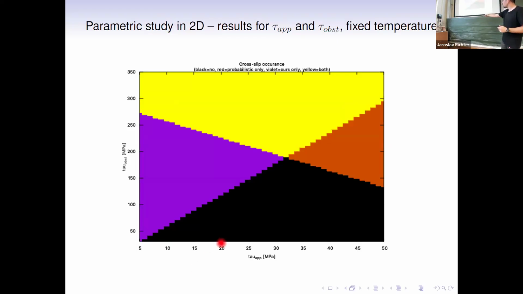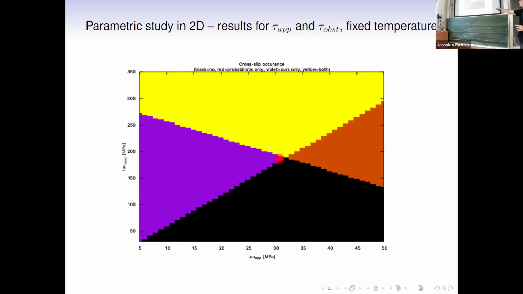So here on the x-axis, there is the applied stress from 0 to 50 megapascals. And on the y-axis, there is the repulsive obstacle stress, and the black one, no cross-slip happening at all, even with the probabilistic or the deterministic description. Yellow one, both methods produce 100% probability for the cross-slip. And the interesting thing is the red part.